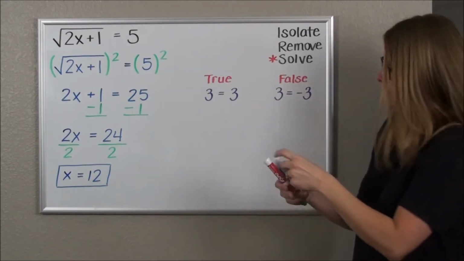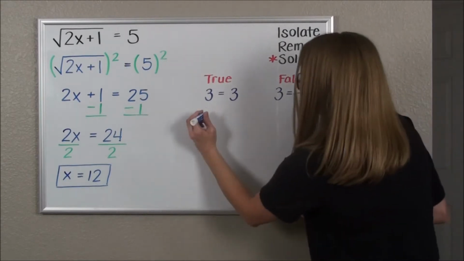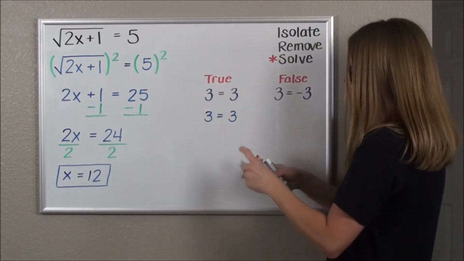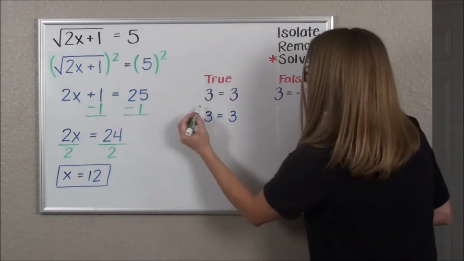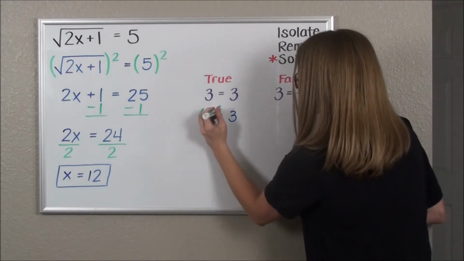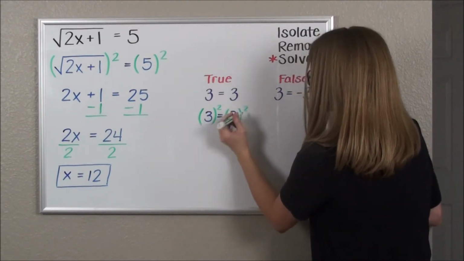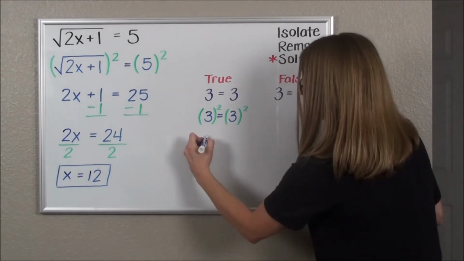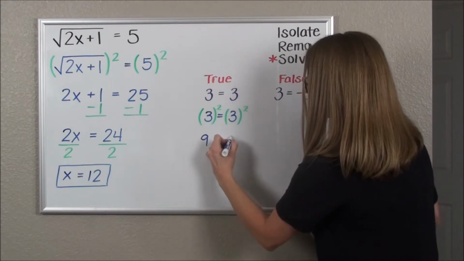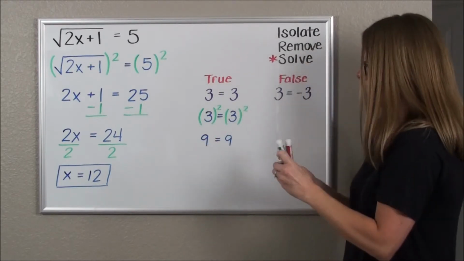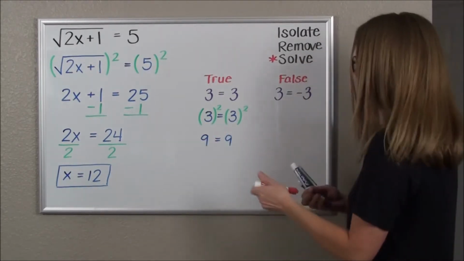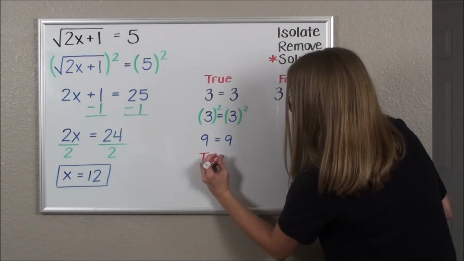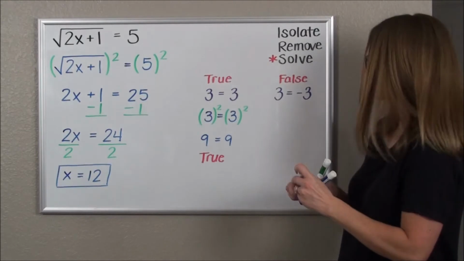But here's what I want you to see. If I take a true statement, like 3 equals 3, and in that statement, I square both sides. 3 squared on the left becomes 9, and 3 squared on the right still is 9. And so in the end, after I've squared both sides, this has remained a true equation, a true statement.